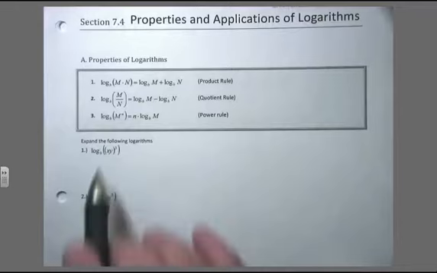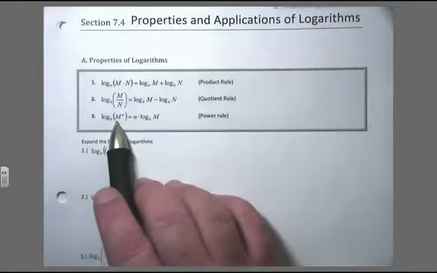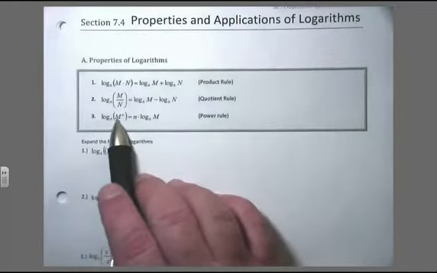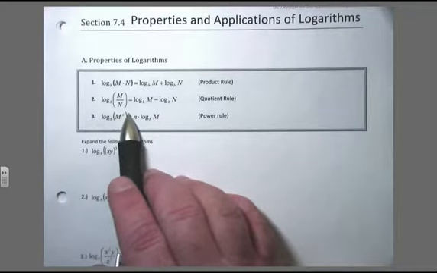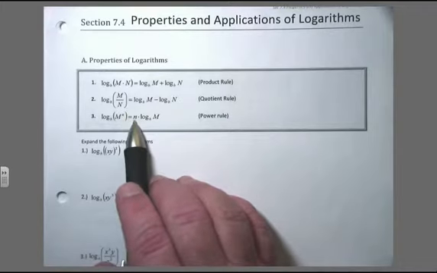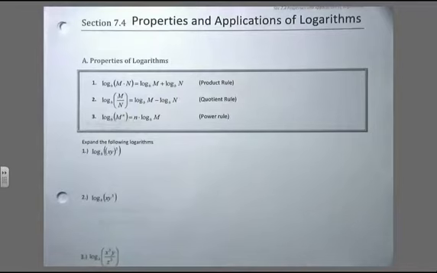But remember, logs solve for exponents. This is like an exponent. I have the log base b of m raised to the n power. But power to a power, I get to multiply. To turn this into multiplication, the exponent n gets to go in front. So the log base b of m raised to the n is equal to n times the log base b of m. Powers get to go out front.